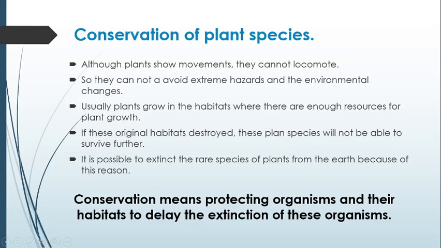Indigenous means very rare plant species which can be seen in certain environmental systems. So if that environmental system is destroyed, these plants also become extinct. So we must protect these types of plant species.